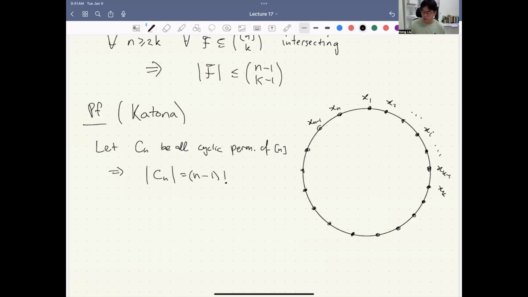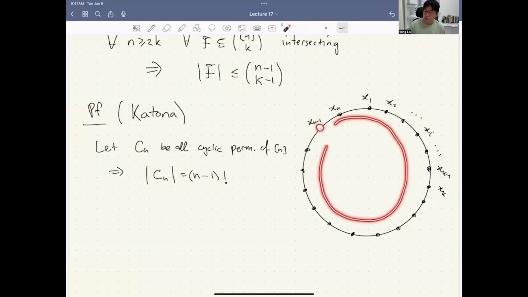Okay, because in a cyclic permutation, where you start doesn't matter. So you fix an arbitrary element to start, and then you choose the elements that follow this arbitrary starting point. Since we already fixed 1, the choice of the first one following the first element is n minus 1 choices, then n minus 2 choices, and so on and so forth, n minus 1 factorial.